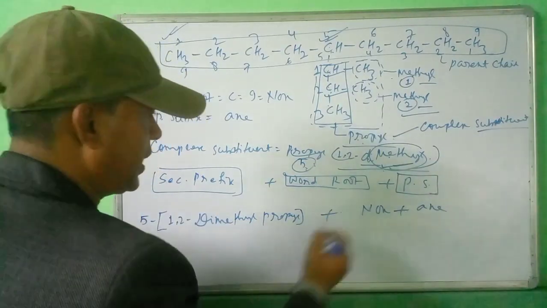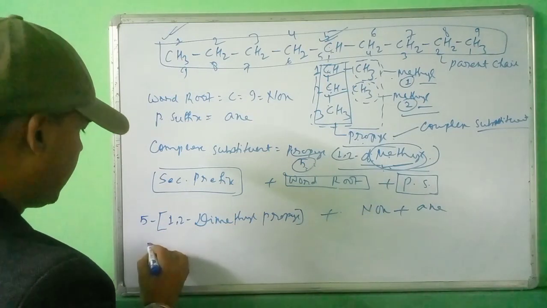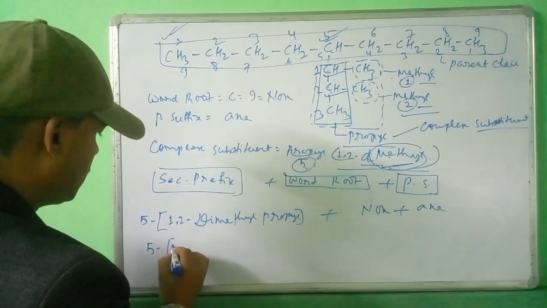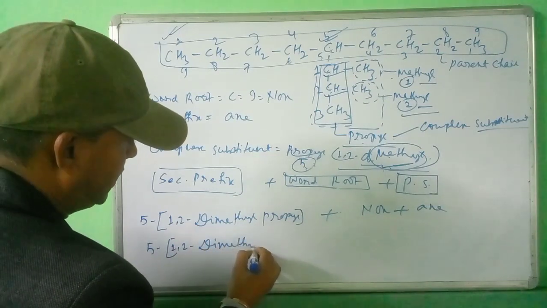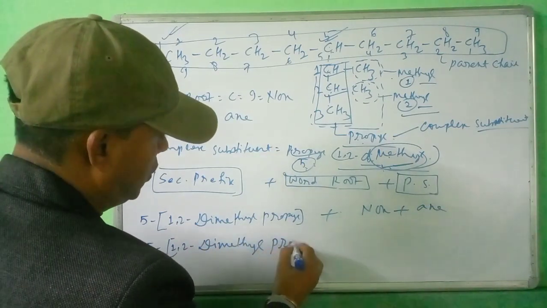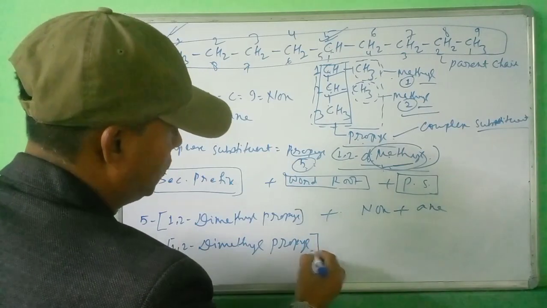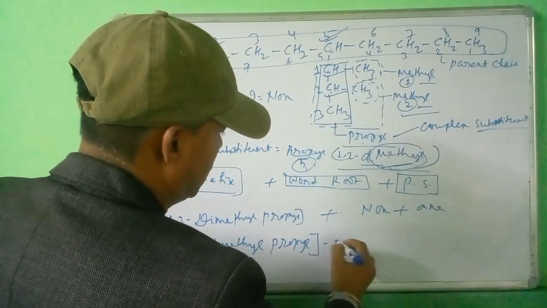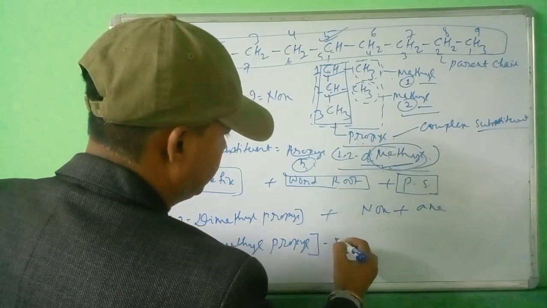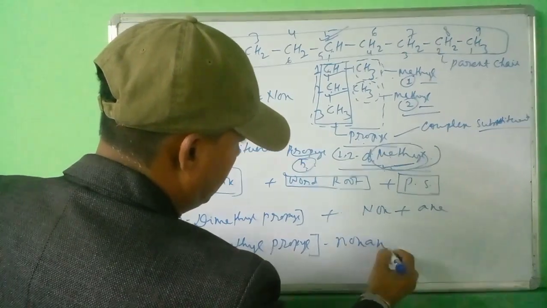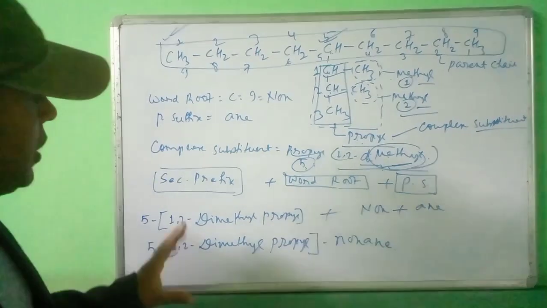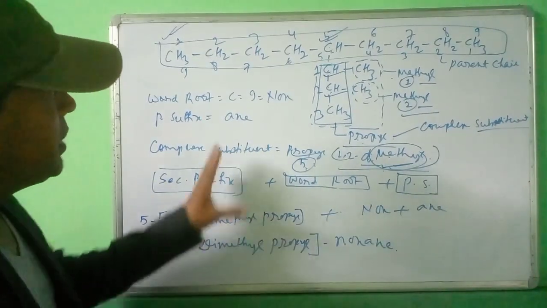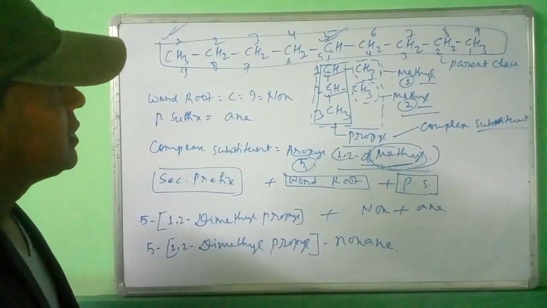Now finally we get the name: 5 dash, bracket 1, 2 dimethyl propyl, bracket closed, dash nonane. So this way we can write if the compound has a complex substituent.